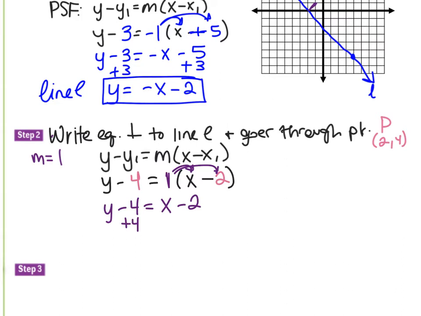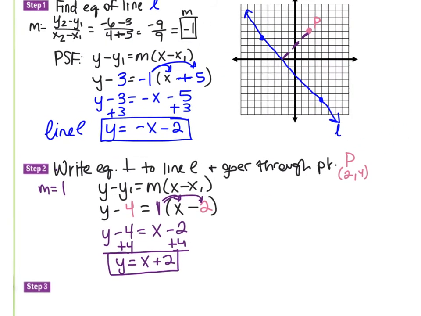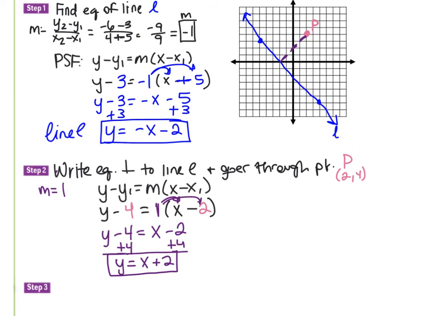Last step, add 4 to both sides: y equals x plus 2. So this equation we just found is the equation for the line that goes through point P and crosses through line L.